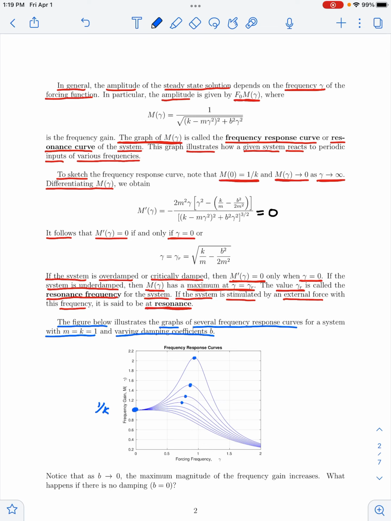And so here we have, for smaller b values, that is, if less damping or less friction is present, a larger frequency response. And the larger that b becomes, we see the magnitude of our frequency response decreases.